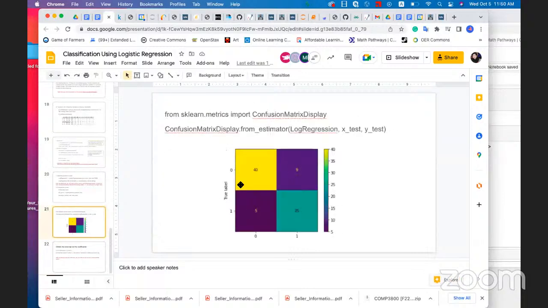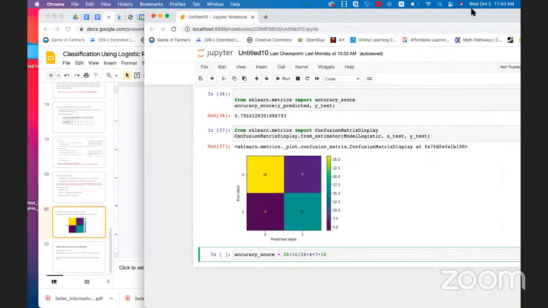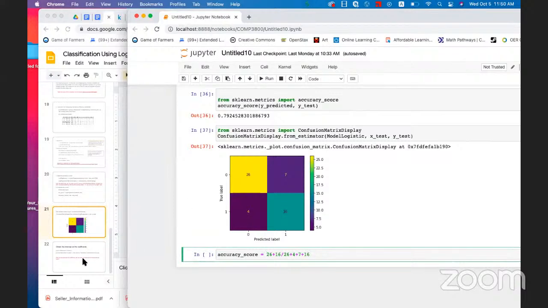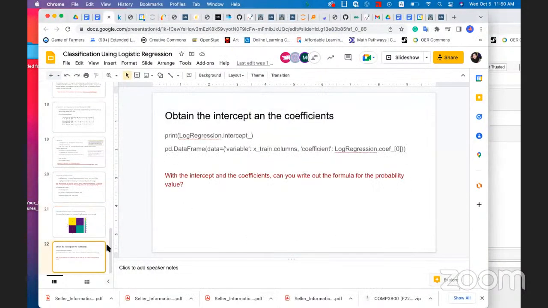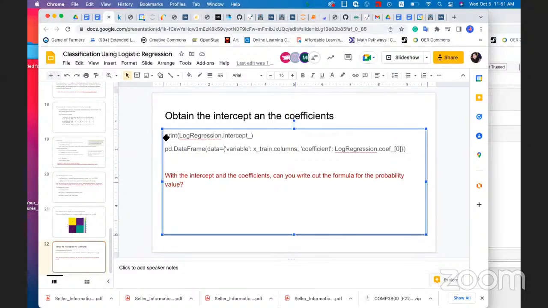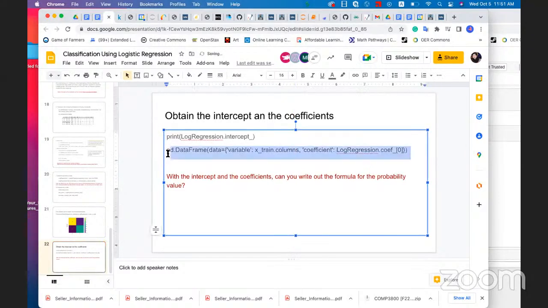Okay, then with this model we built, like the linear regression we did, you can obtain the intercept and the coefficient numbers. So, print intercept.